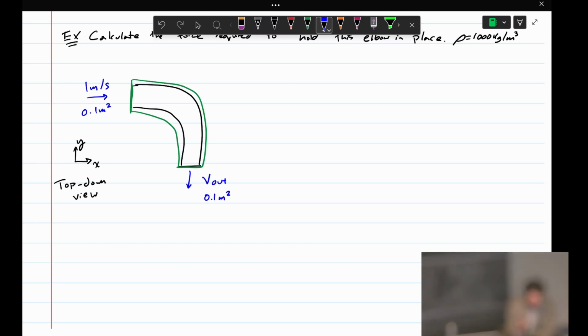We're going to assume that we have same pressure. We're going to do pressure later on today, so we're not going to worry about that right now. So our control volume is this green box.